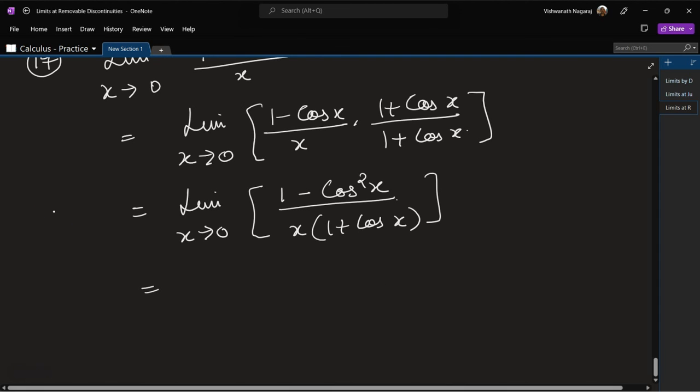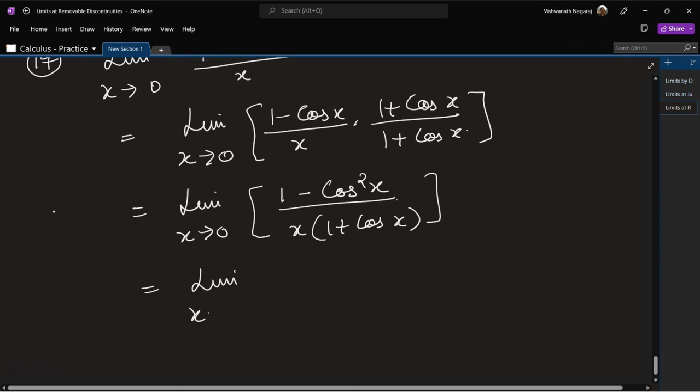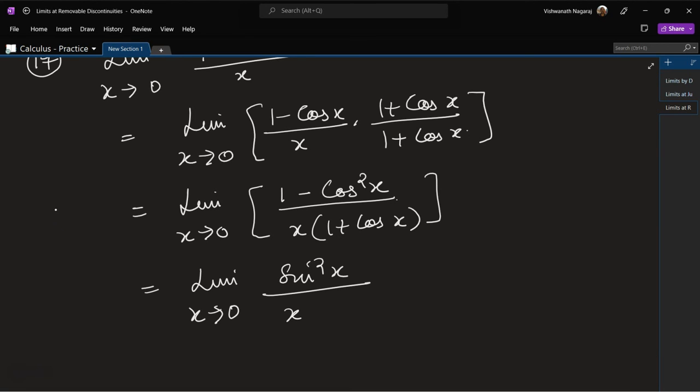Now 1 minus cos square x, remember, sin square x plus cos square x equal to 1, so it is sin square x by x times 1 plus cos x.